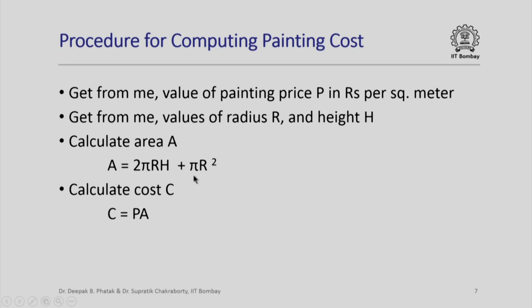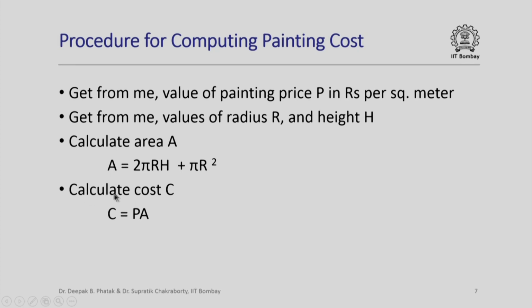The person will religiously do this multiplication of 2 into pi into R into H, and pi R square, add both these values and find out one resulting value which he will assign to the symbol A on the left hand side of the equal to symbol. So, we have got the value of area A.